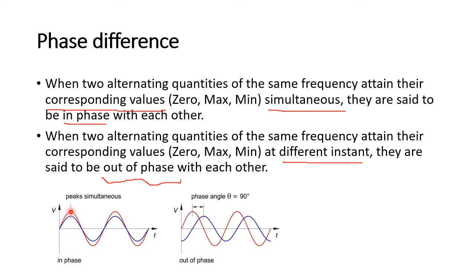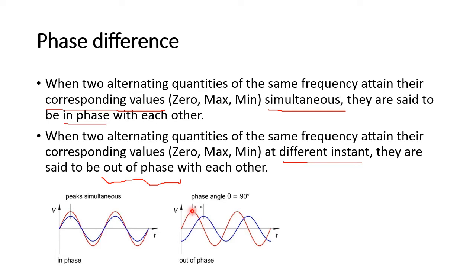Here there are two waves indicated by two different colors, the blue color and the red color. When we observe these two waves, they attain their corresponding values, the maximum point, the 0 point, the minimum point, simultaneously. So we can call that in phase. But here, they attain their corresponding values at different instants.